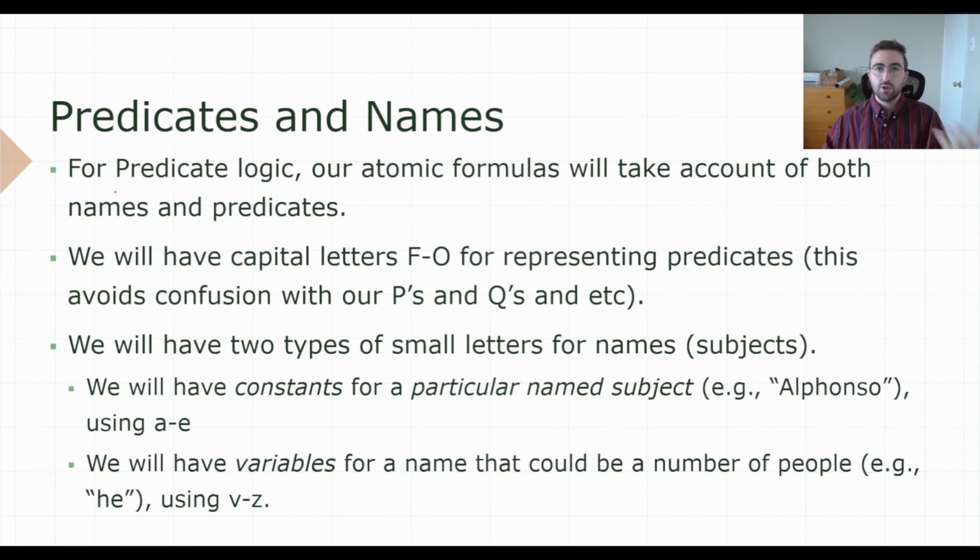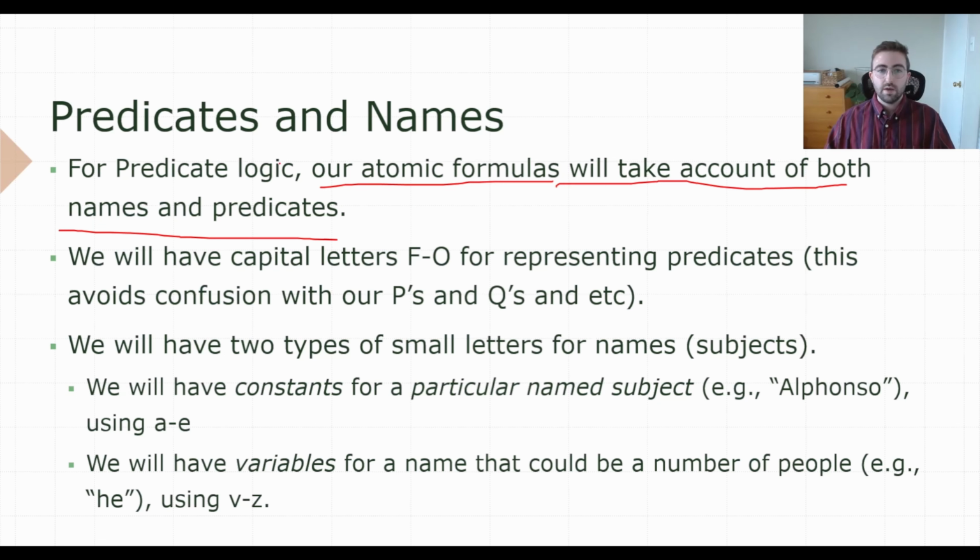So for predicate logic, which is now what we're developing with our new language, our atomic formulas will take account of both names and predicates, right? Previously, our atomic formulas were just propositions. They were letters like P or Q or R, and those were to stand in for whole sentences. But we're going to have a new kind of atomic formula for our language that takes account of predicates and names.